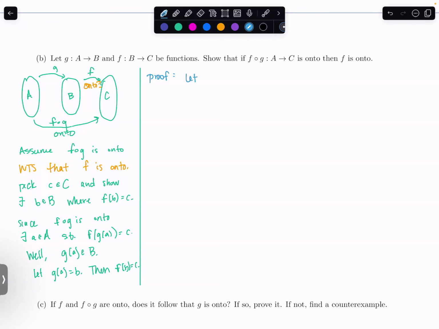All right, so we are going to let g from A to B and f from B to C be functions, and assume f of g from A to C is onto.